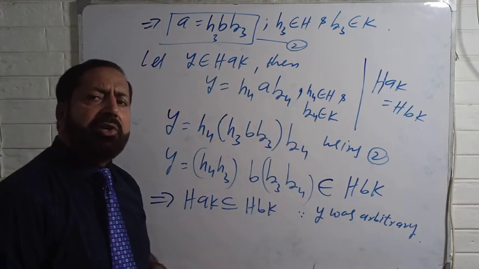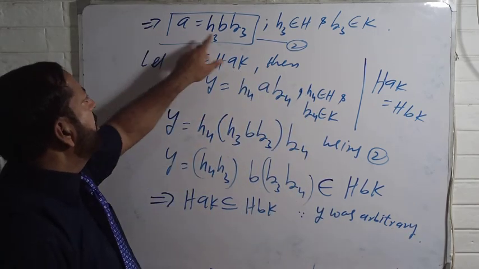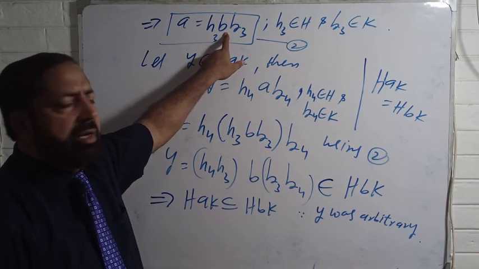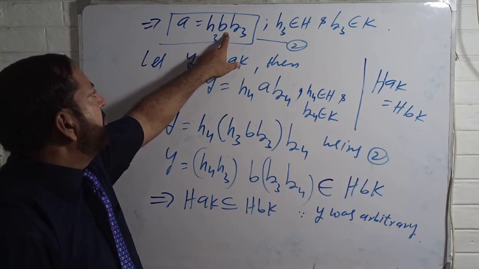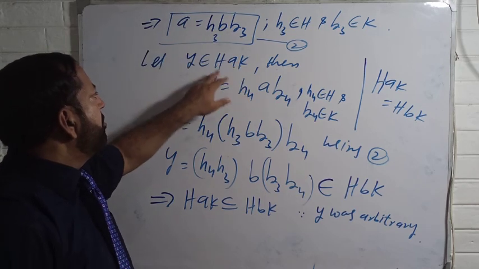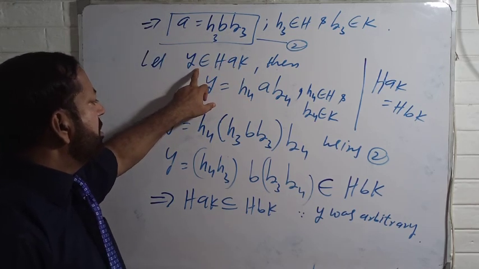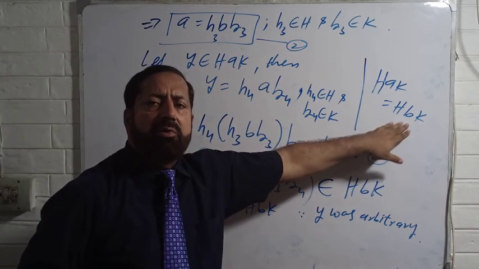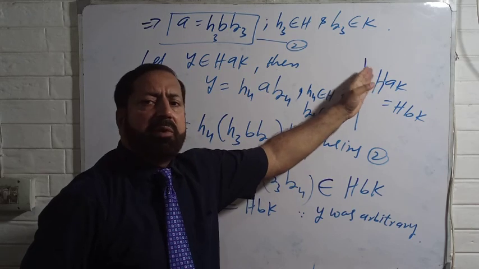Similarly, if you establish a relation, instead of A, you find the value of B from 1 to get a new relation of B in terms of A, and you take an element Z of HBK, and after substituting values of B, you will have an element of HAK.